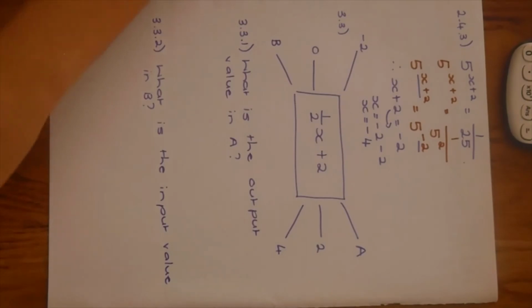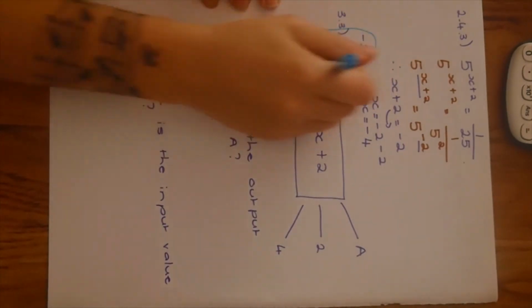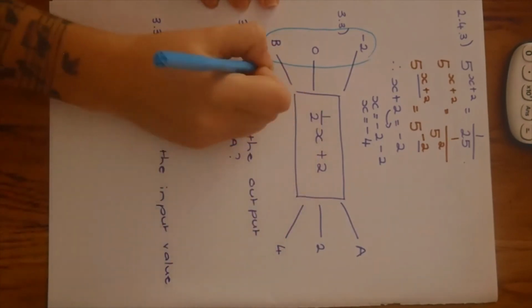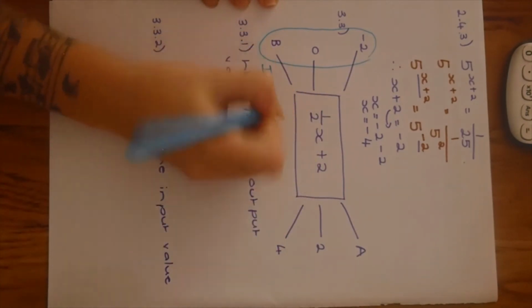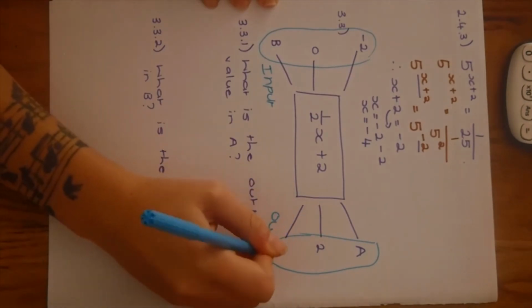Okay. Alright, 3.3.1. This was the flow diagrams. Flow diagrams are nice. I like flow diagrams. They give you a flow diagram. Remember this side, this whole part, that's your input. And this side is your output.